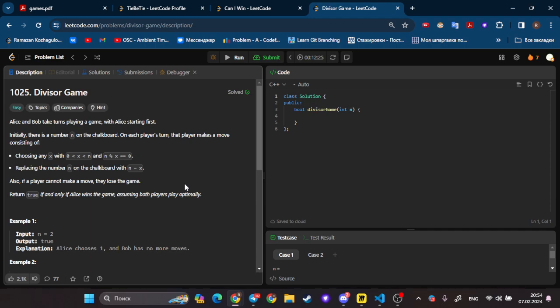Don't you just need to find n modulus 2?